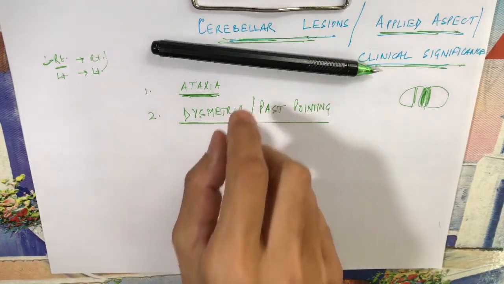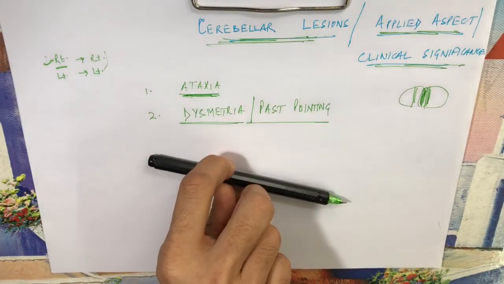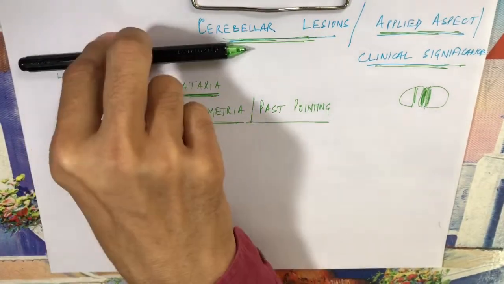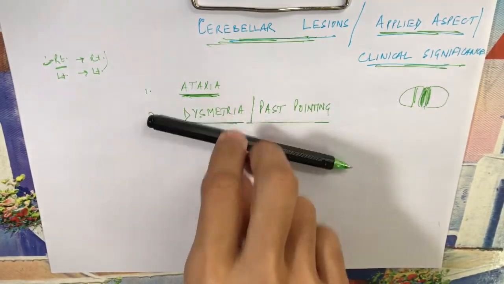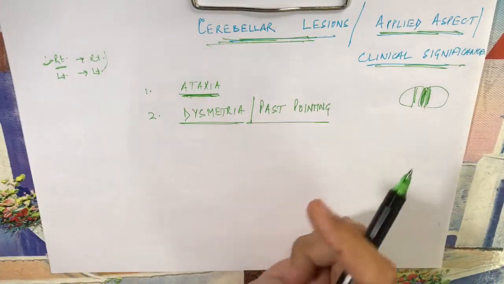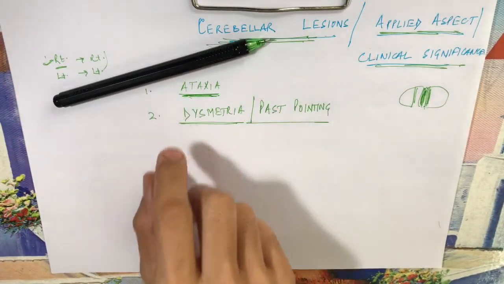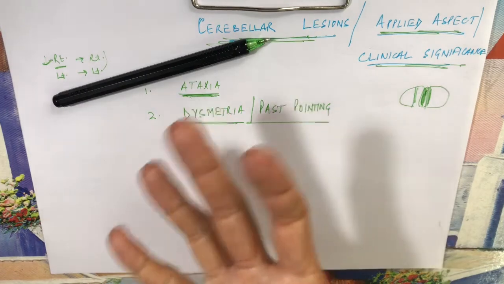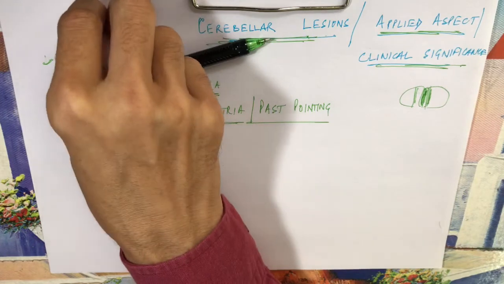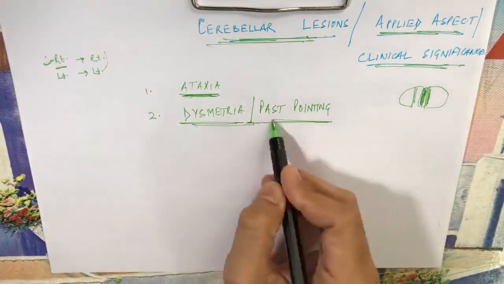Say I have to move my hand up to this point, pick this pen up and bring it closer to my body, and put it over here. My hand will go over there, pick it up and bring it over here, and that is done. But if there is an issue with the cerebellum, then it will not stop over there, that pendular movement, because inherently all the movements are pendular. So it will go past the point, instead of stopping over there, it might go over there, it might go over here. That is dysmetria or past pointing.